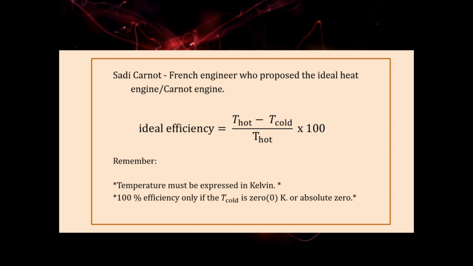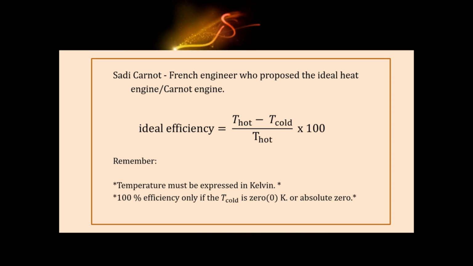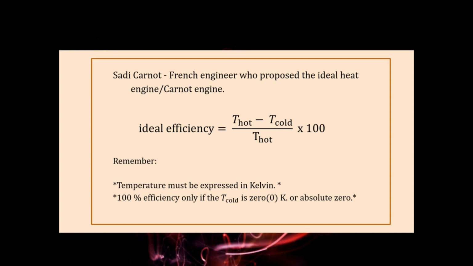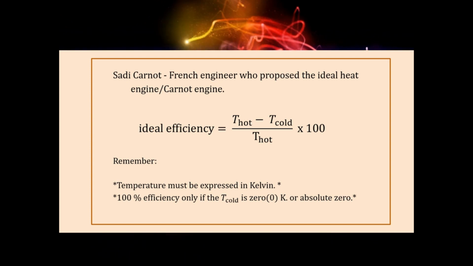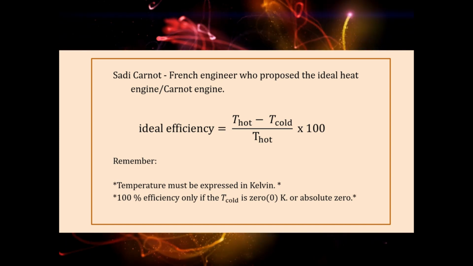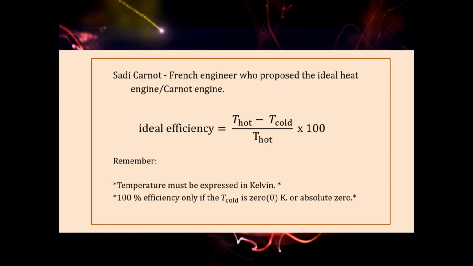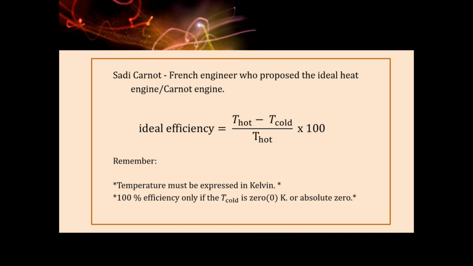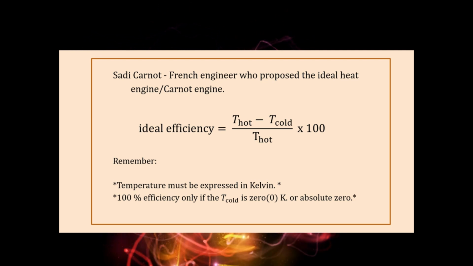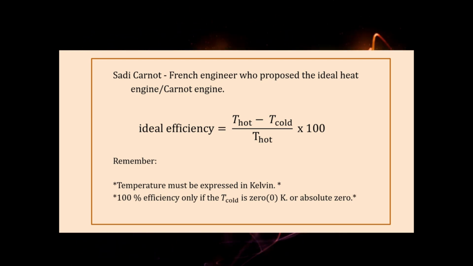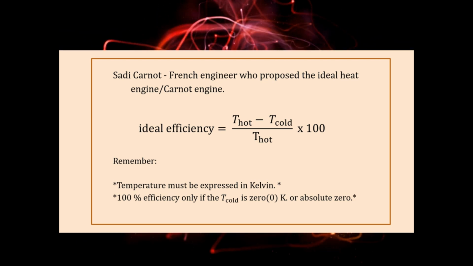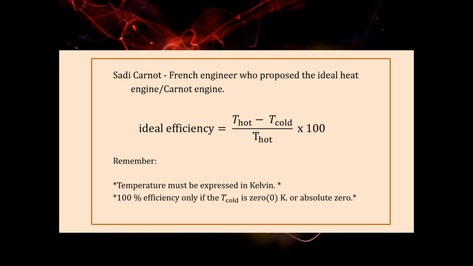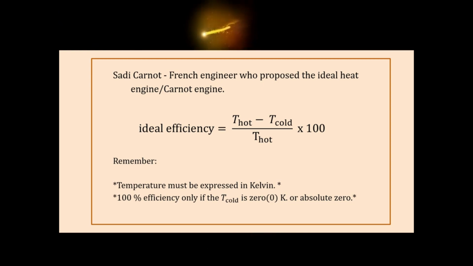Remember, temperatures must be in Kelvin, and also take note that the greater the difference between the two temperatures, the greater the efficiency of the heat engine. Lastly, to attain the 100% efficiency, the temperature of the cold reservoir or T cold must be 0 Kelvin or absolute zero. However, as stated in the third law of thermodynamics, this temperature can never be attained. Thus, no heat engine is 100% efficient.